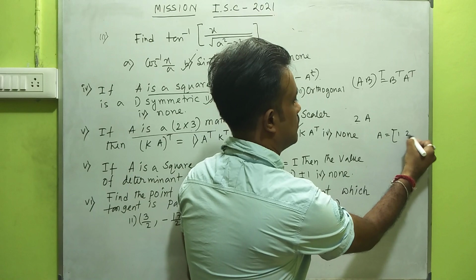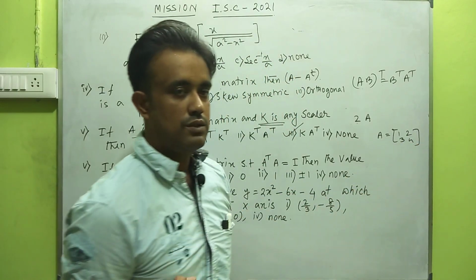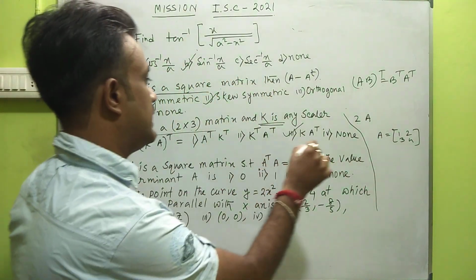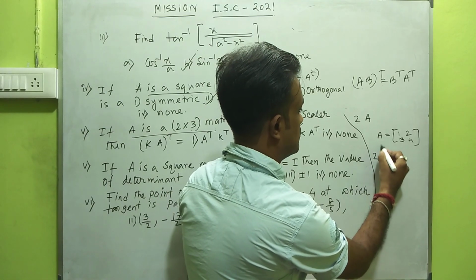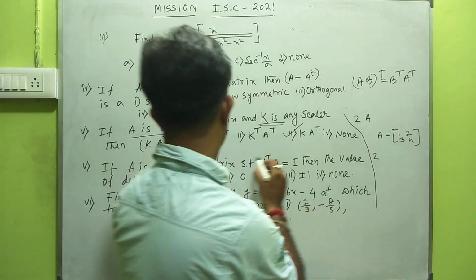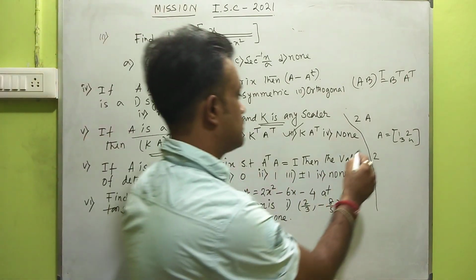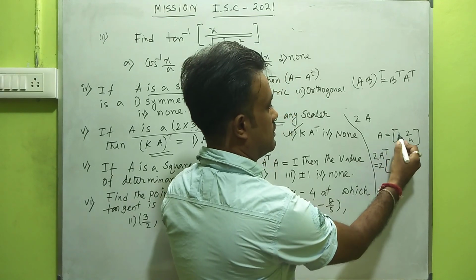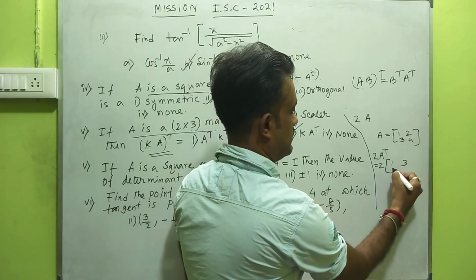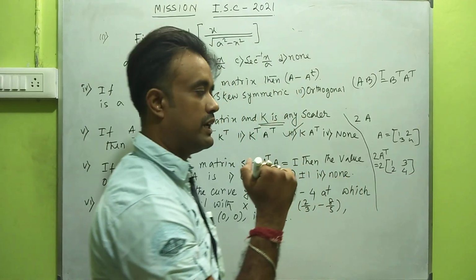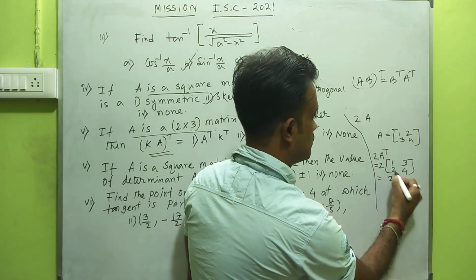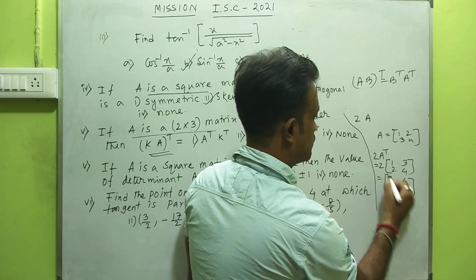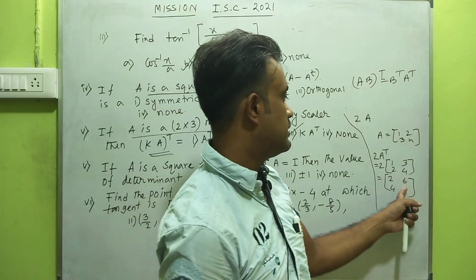If you do this sum by an example, take 2 into A, where A is equal to 1, 2, 3, 4. If we do 2A transpose, that gives you 2 into 1, 3, 2, 4, that is 2, 6, 4, 8. So 2 into A transpose is equal to 2, 6, 4, 8.